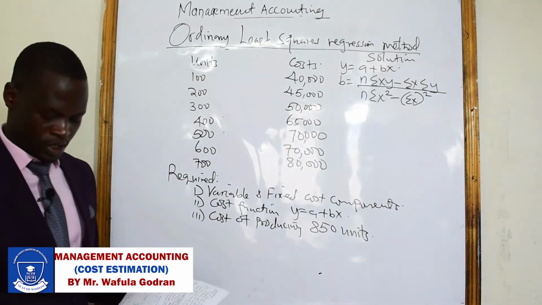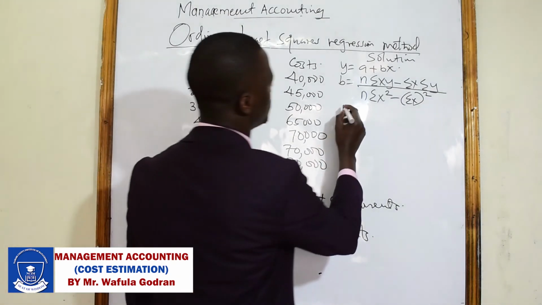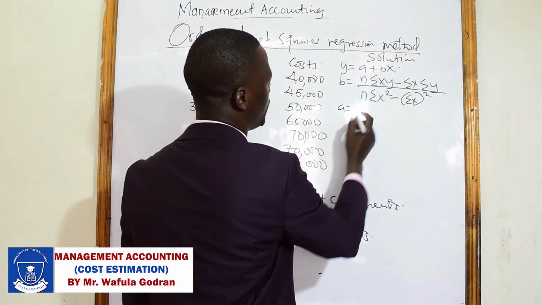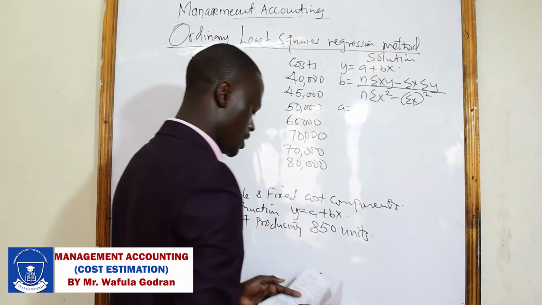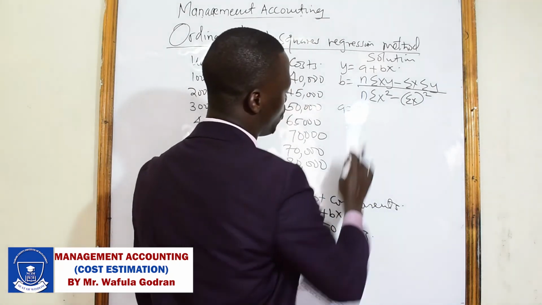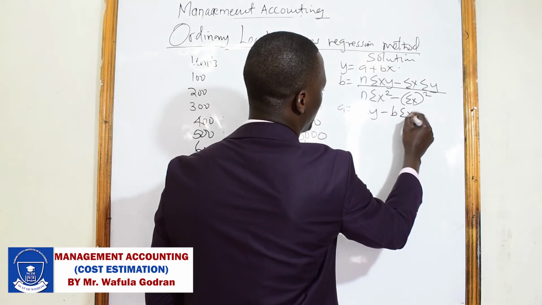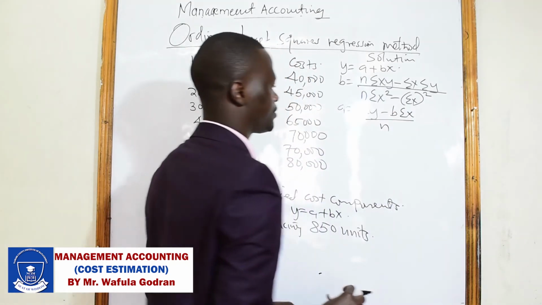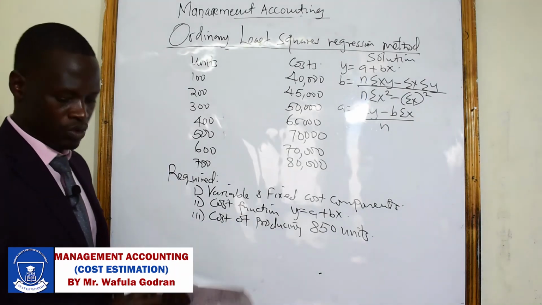That is what we have to establish. Then we also establish that a will be given by summation of y minus b summation of x divided by n. So that's what we know as of now.